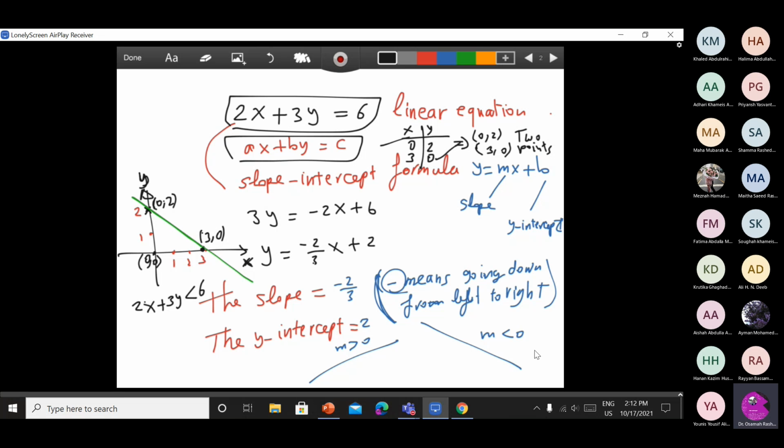If I put x equal to 0 and y equal to 0, I have 0 plus 0 less than 6. Yes, it is okay. So I check with one value below the line and I find it's okay. So this shaded area, not the line, is 2x plus 3y less than 6. So this is the area.